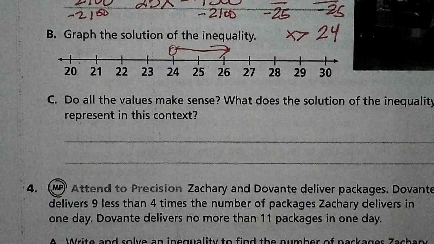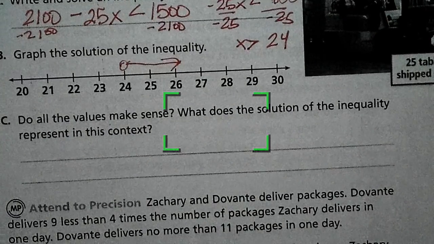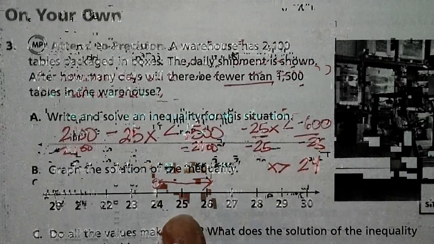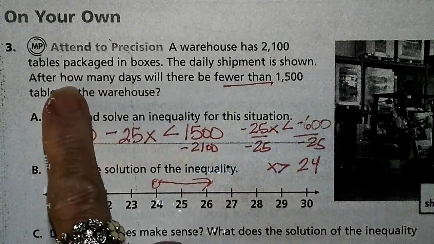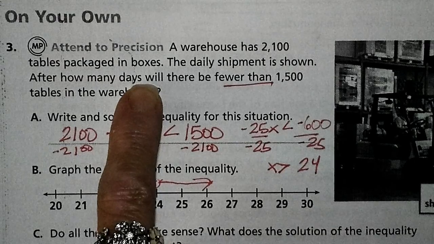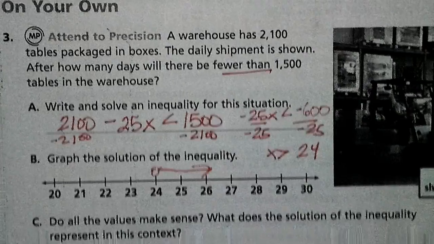Jameer, you have a question? Item number 3C. So 3C is asking you that same question. So, first of all, what does the question ask you? How many what? How many days? How many days will there be fewer than 1,500 tables in the warehouse?